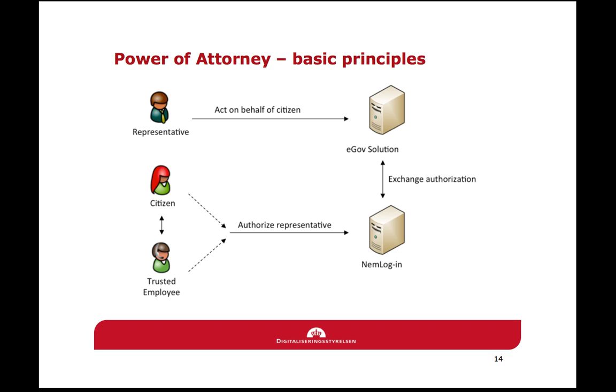At the top, we have a representative that logs into that e-government solution, and that e-government solution on the right-hand side of the figure then learns via NemLogin that there's an authorization that has been issued, a delegation of access right via the power of attorney, and then the eGov solution can provide the representative with the delegated access.